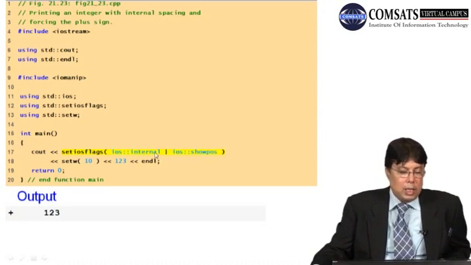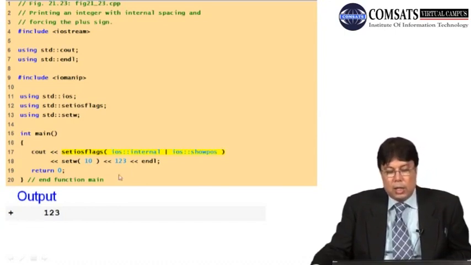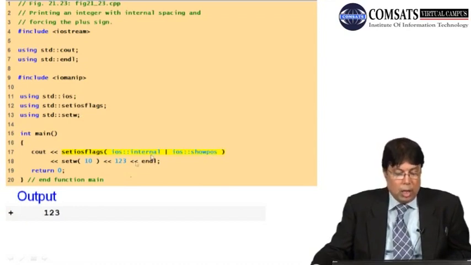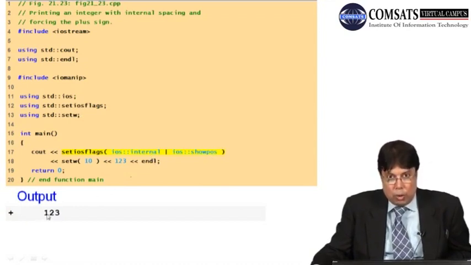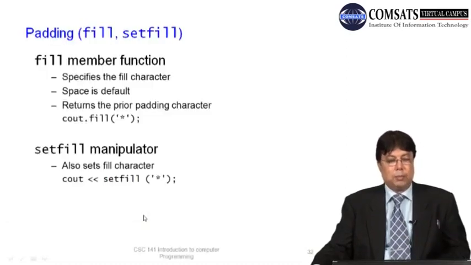Internal, I told you, it takes the plus minus on the extreme left, then the showpos, and then it is basically right by default because it's internal. So the data, the magnitude is on the right, and the sign which is minus or plus is on the left, and here is basically the default padding which is spaces.